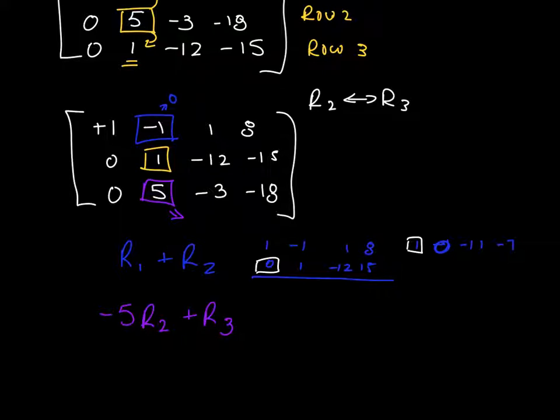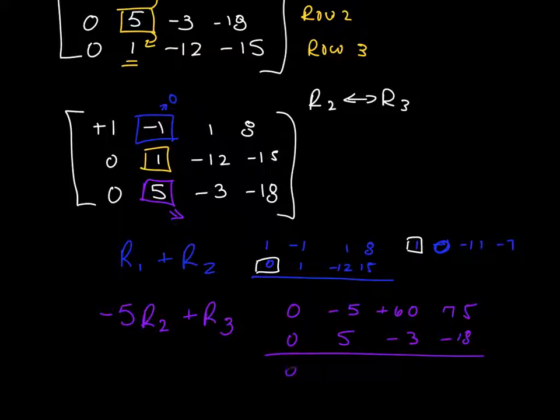So the next step is negative 5 times row 2, which gives us 0, negative 5, plus 60, and 75. Row 3 was just 0, 5, negative 3, and negative 18.